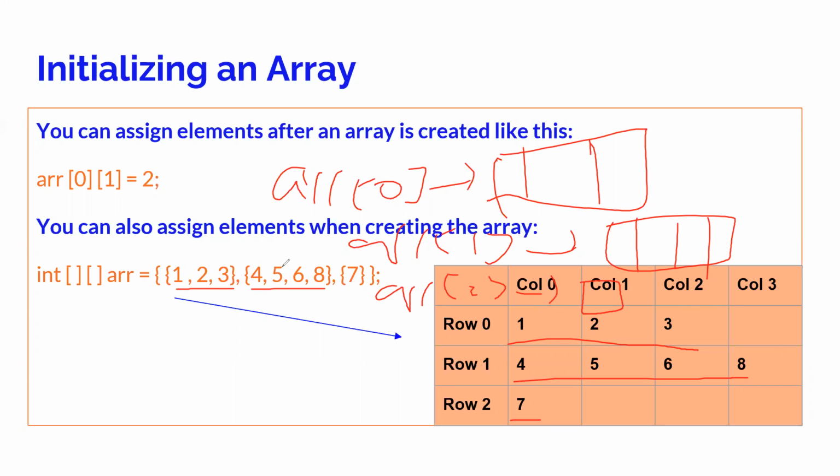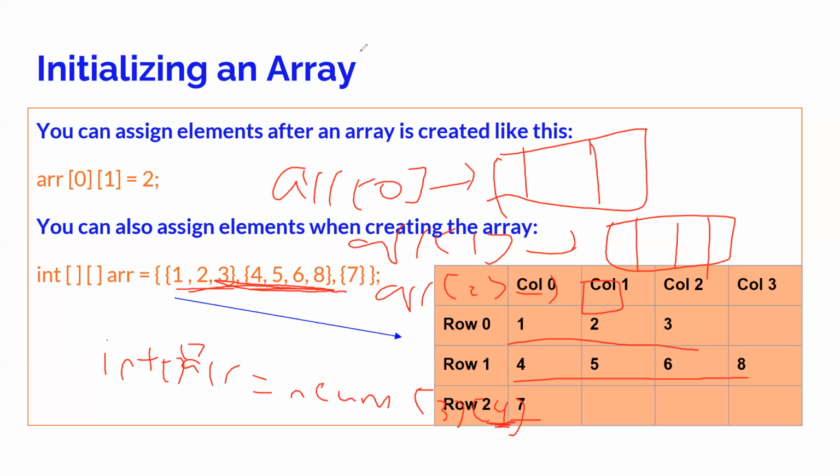If we were to define it like int array equals new int 3, 4, then in this case, anywhere I didn't define it would have zeros, because I explicitly said I want each of my rows to have 4 columns. But here, because I didn't do that, it doesn't make the extra space for you.